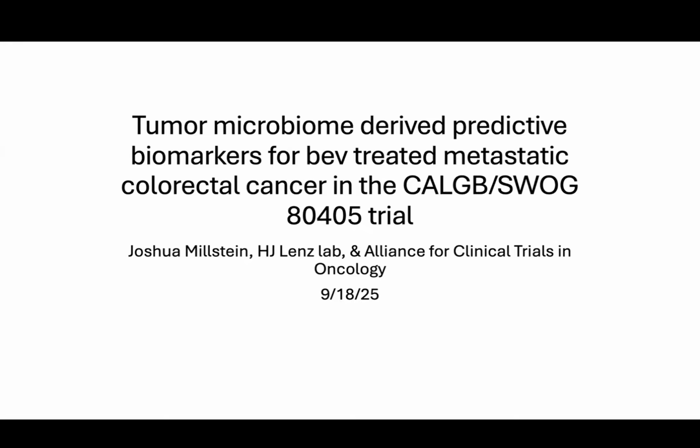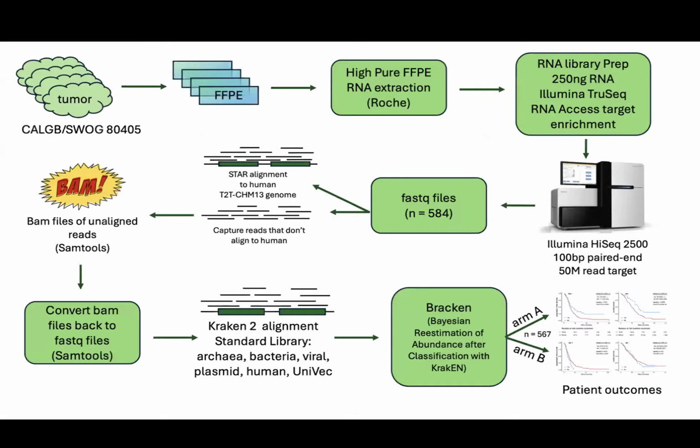So there are sequences of bacteria that get in there. And we developed a pipeline, based on what some others have done recently, to isolate those sequences and be able to calculate abundances for different bacteria and other members of the microbiome.